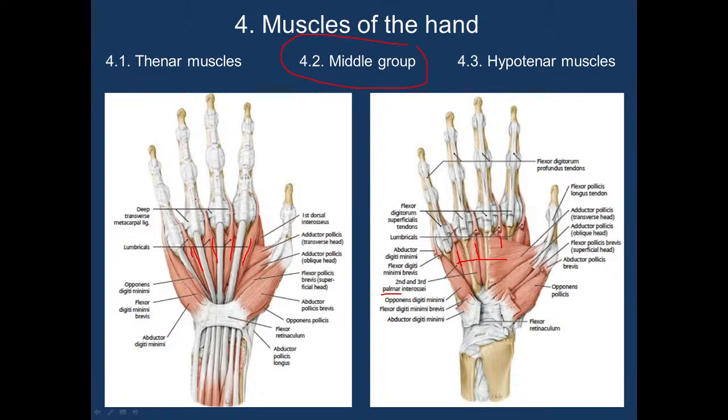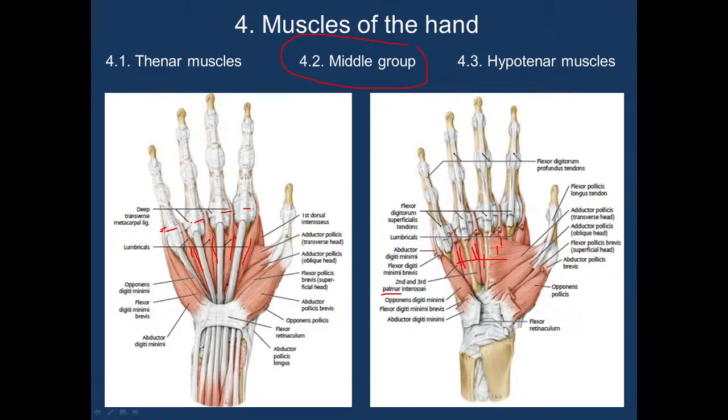Lumbrical muscles flex the fingers in the metacarpophalangeal joints here. We will see flexion here. Palmar interosseous muscles make adduction of the fingers.